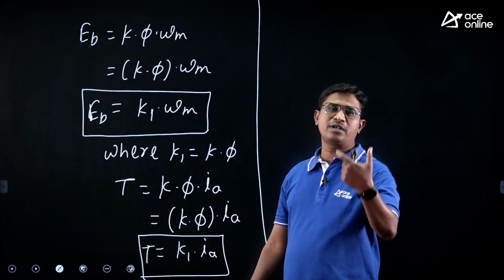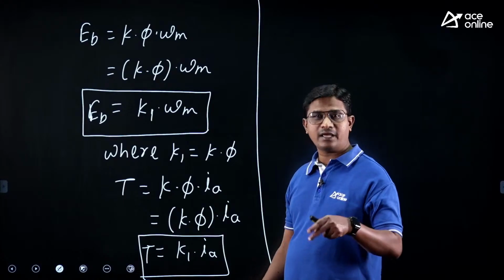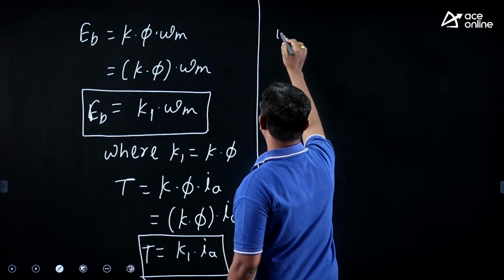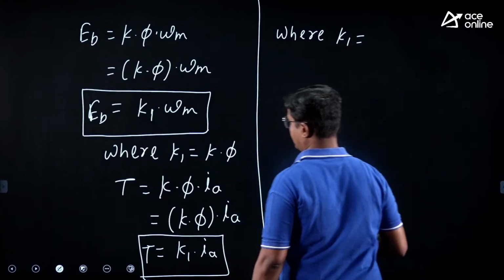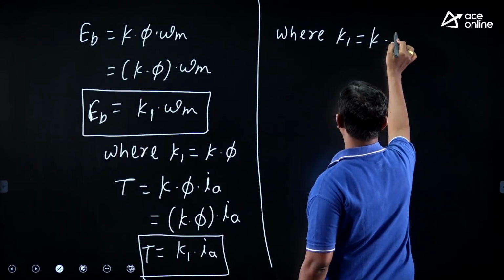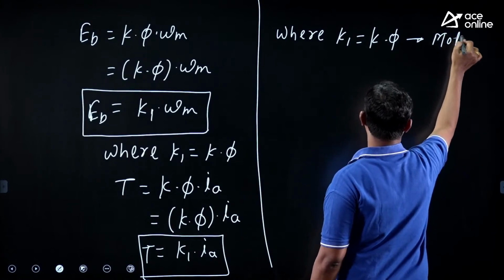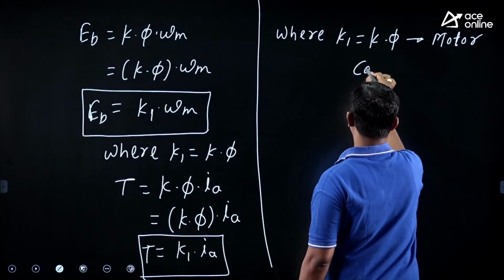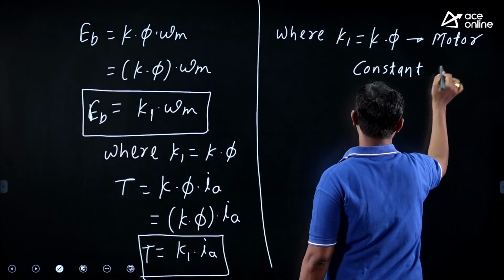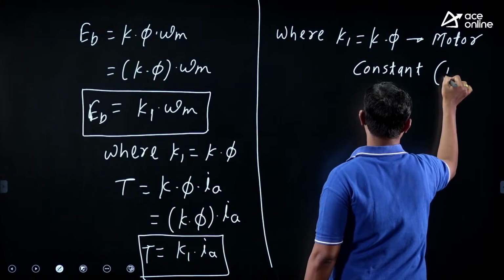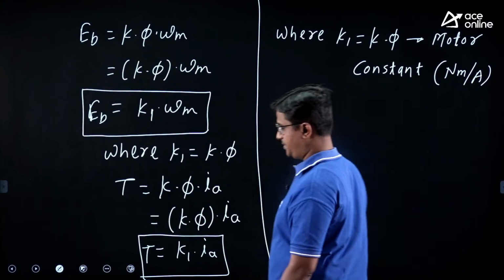Then the unit of K1 is Newton meter per ampere, where K1 equal to K into phi is a motor constant.